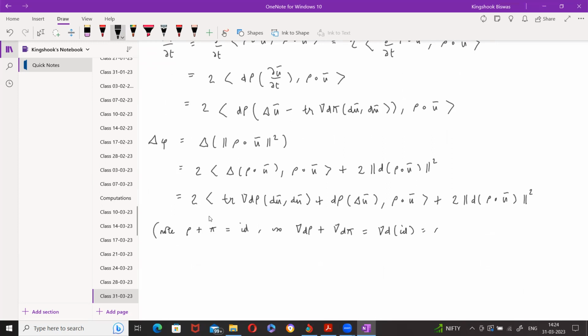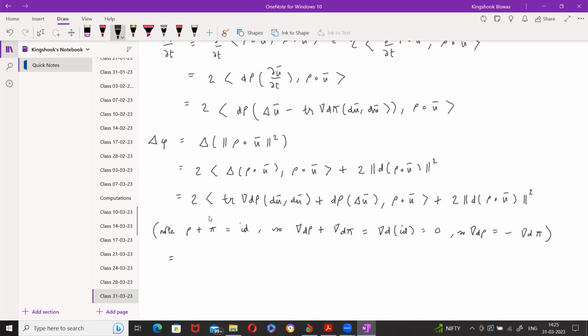Right, the second fundamental form of the identity is 0 because it maps straight lines in R^n to straight lines in R^q. So that means that nabla d rho is equal to minus nabla d pi. Okay, so we can substitute that here.